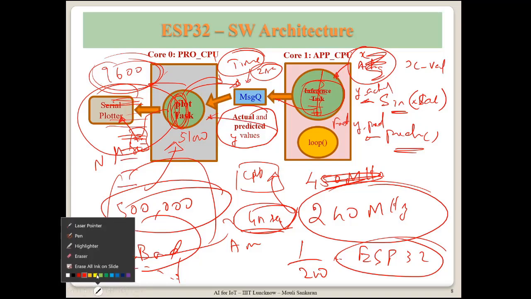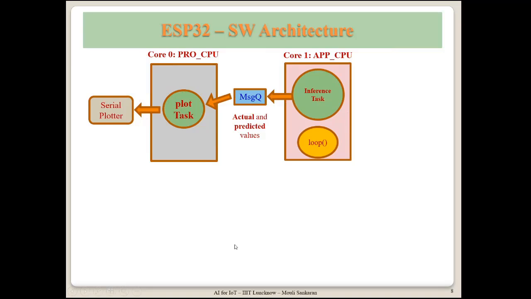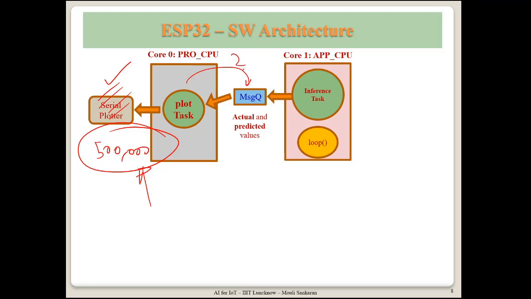At the same time, you don't run it slow also. So that is what I did. This is what is called tuning your application. You need to choose a proper baud rate which is working, which is the highest baud rate I have chosen, because if you choose the highest baud rate, it is good. I'll plot whatever data I have in my hand, and then I'll come and wait for a longer time.